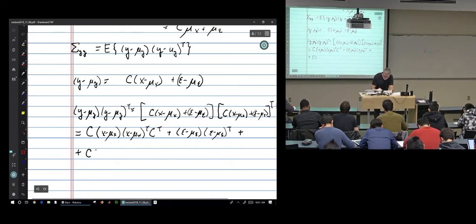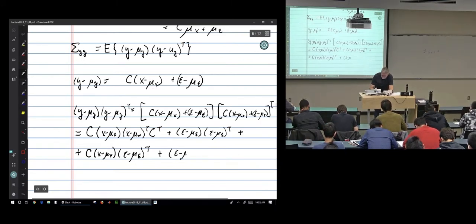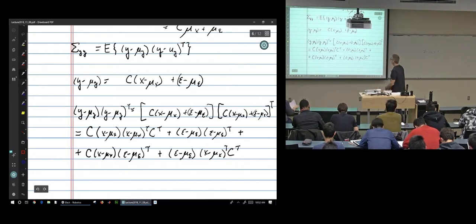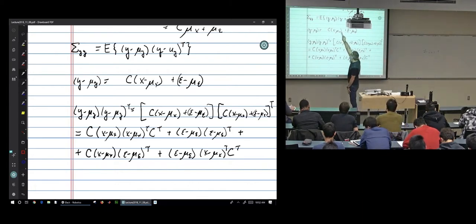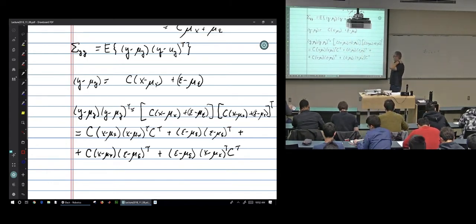So we end up with c times x minus mu x times epsilon minus mu epsilon transpose, and epsilon minus mu epsilon times x minus mu x transpose c transpose. Okay, so that's the messy computation of getting y minus its mean times y minus its mean transpose, just plugging in everything. Now we should take the expected value of that.